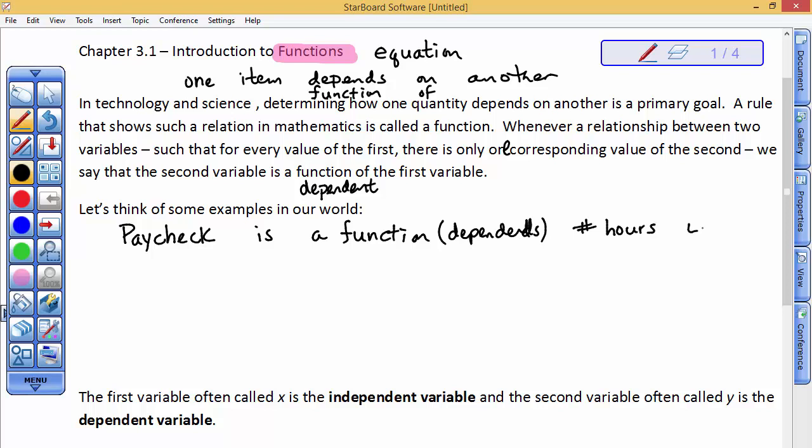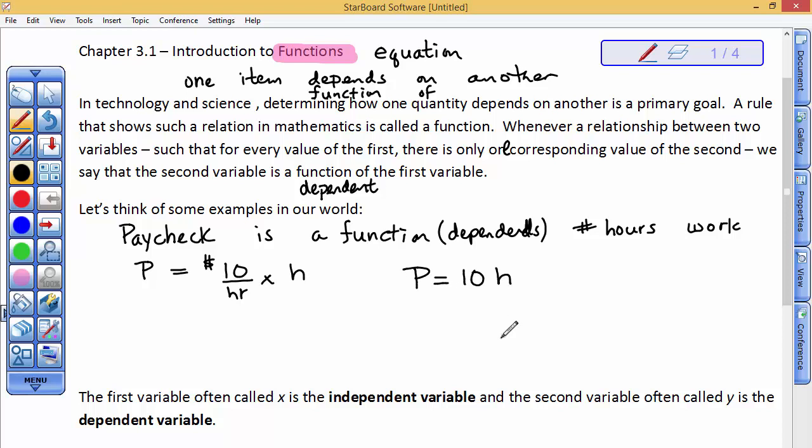So the size of your paycheck is a function of the number of hours you work. Let's say that you get paid $10 per hour. So your paycheck would equal $10 per hour, and you'd multiply that by H hours, or I might rewrite that as P equals 10 times H.